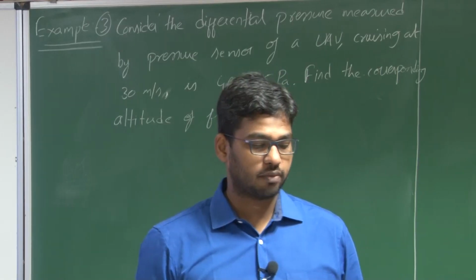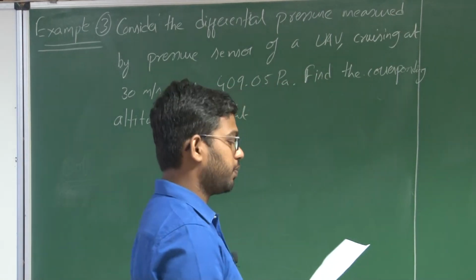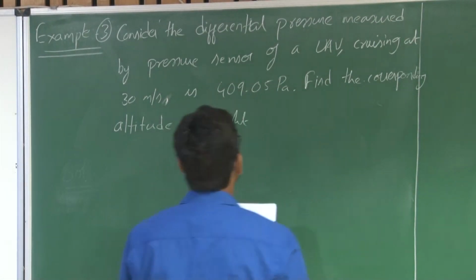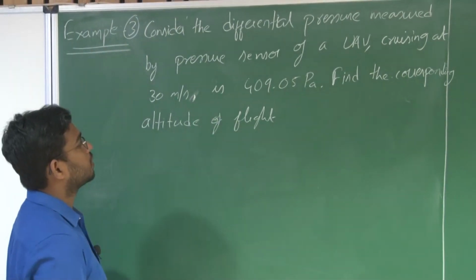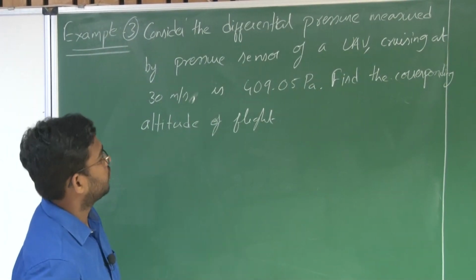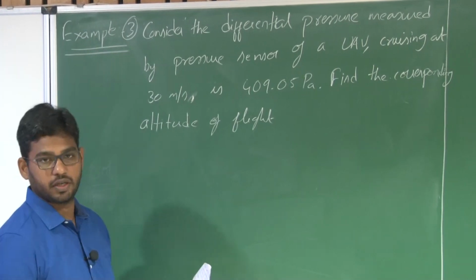So let's revisit example number 3. Consider the differential pressure measured by the pressure sensor of a UAV cruising at 30 meters per second is 0.4 kilopascals. Find the corresponding altitude of flight.